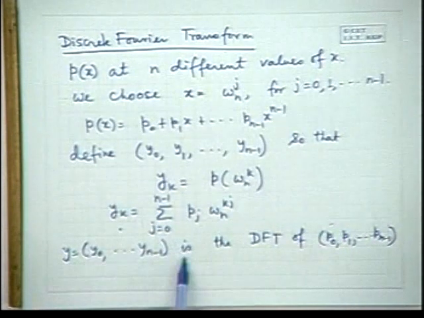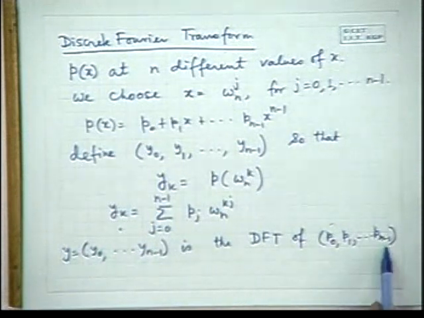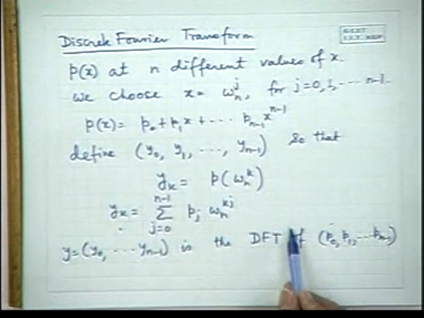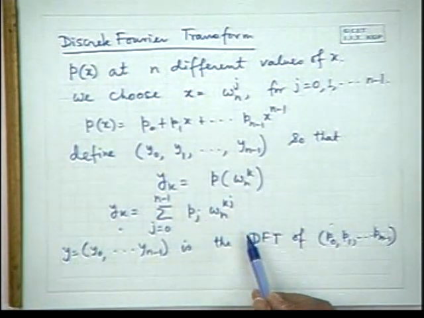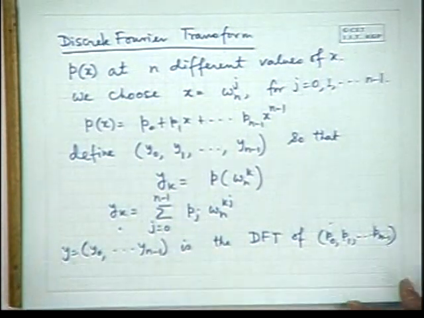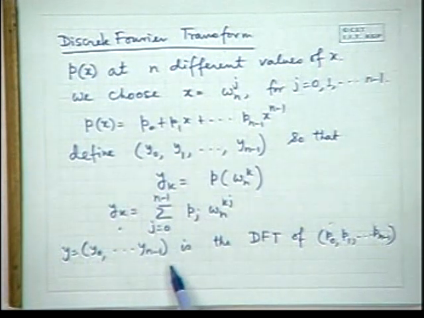So you are getting an n-dimensional vector from another n-dimensional vector through this transformation, and this transformation is called the discrete Fourier transform, DFT. Now you can see the major task is how to compute this discrete Fourier transform very fast.